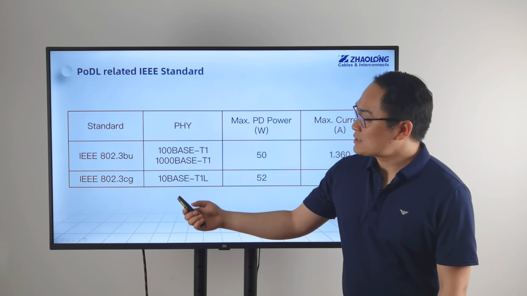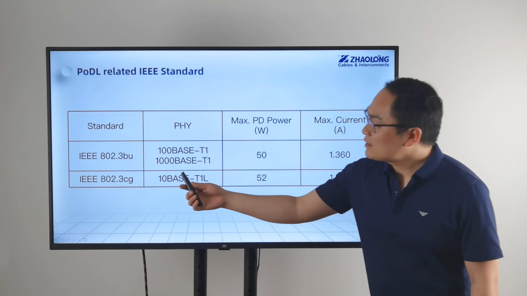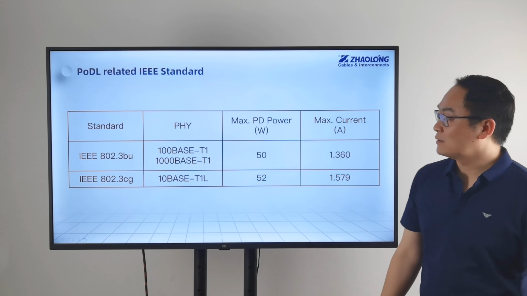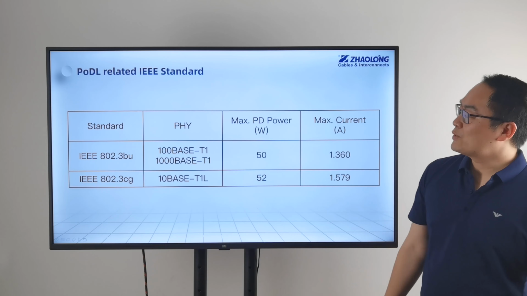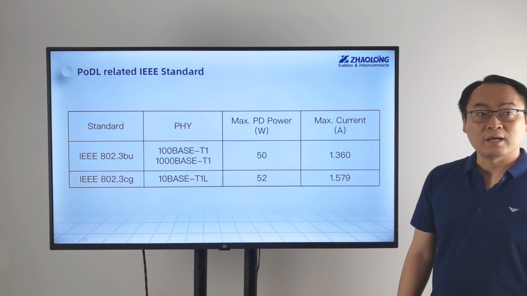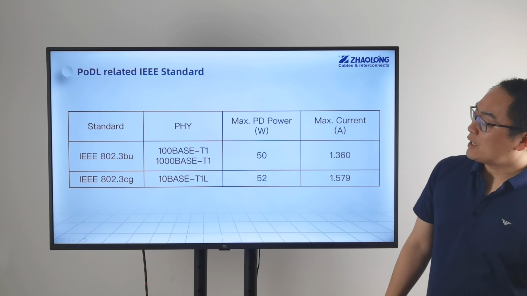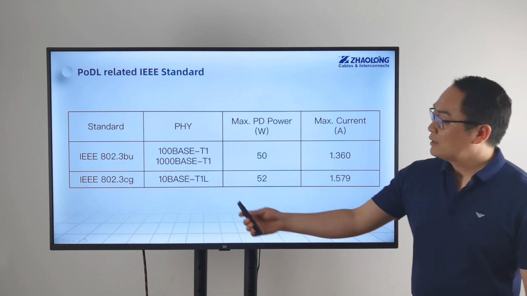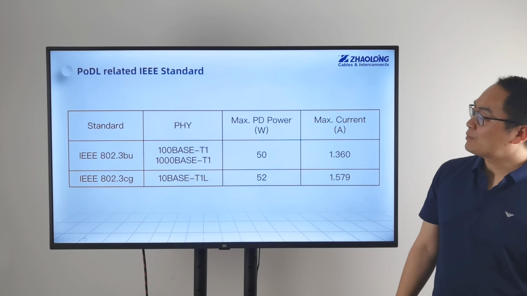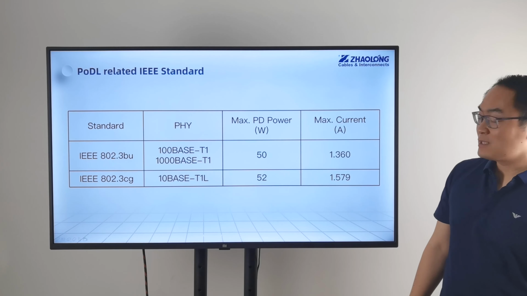For the PoDL standard, the first standard is IEEE 802.3bu. This standard is defined for the 100BASE-T1 and 1000BASE-T1 physical layers. So you can receive the maximum power of 50 volts with a 1.36 amp current. Now for the latest SPE standard, IEEE 802.3cg, it defines PoDL for 10BASE-T1L. So you can receive up to 52 volts power with nearly 1.6 amp current.